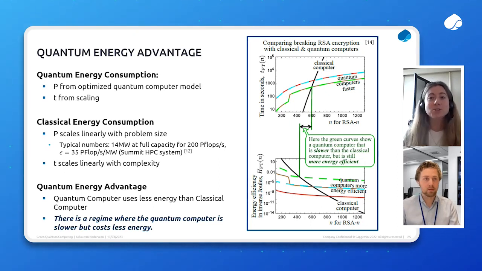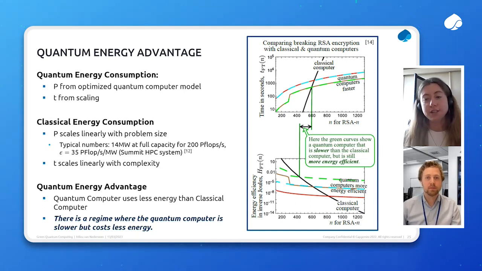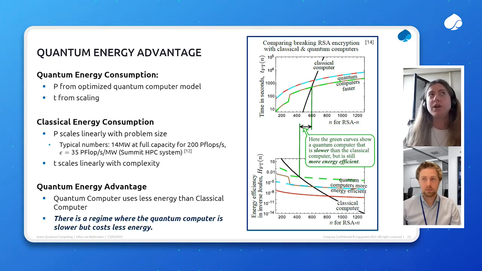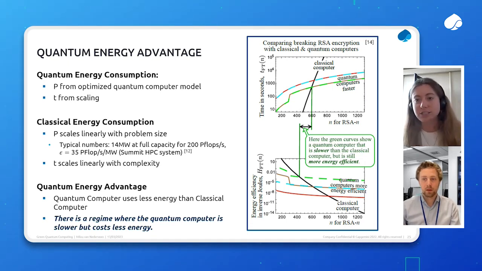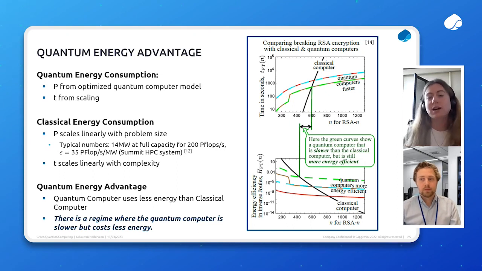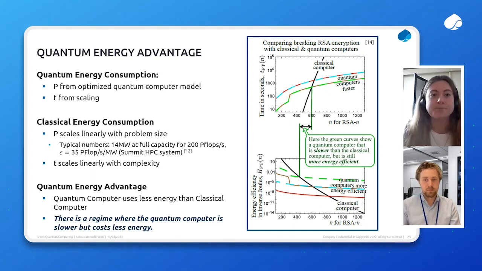Now, it is also important to note that this paper was based on futuristic hardware numbers of the quantum computer, and also on, for example, optimized electronic efficiency. That would still be required in order to actually achieve this in the future.